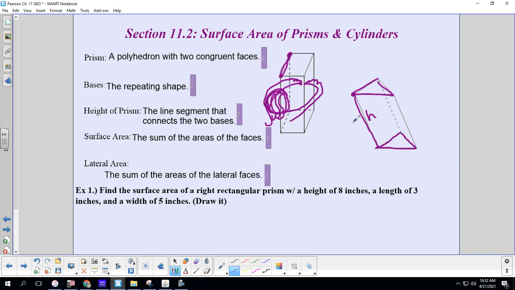So for this guy, it would be everything around here. But not the triangles. So the lateral area is everything around, not the bases.